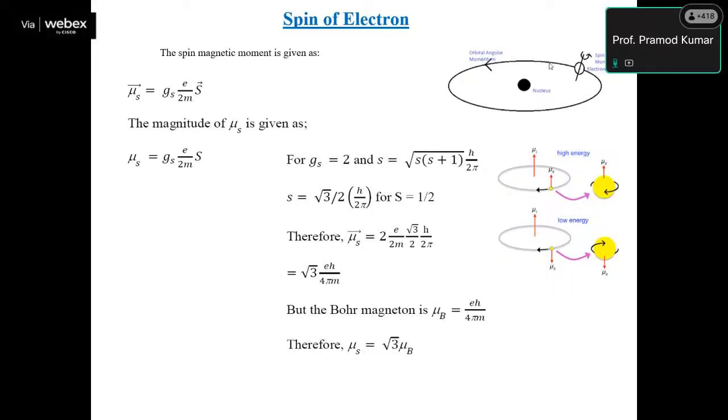We have two possibilities. So using a similar concept, when you analyze that, you will find a spin magnetic moment is generated due to rotation of the spin about its own axis. That one, okay, you can easily write μS equal to gS e/2m S.